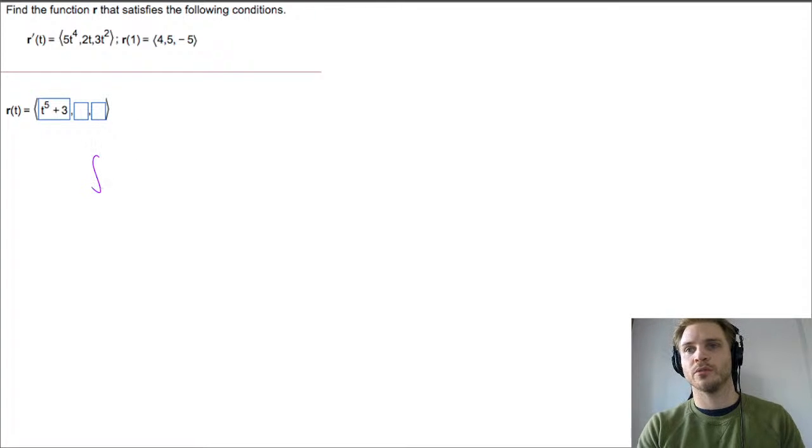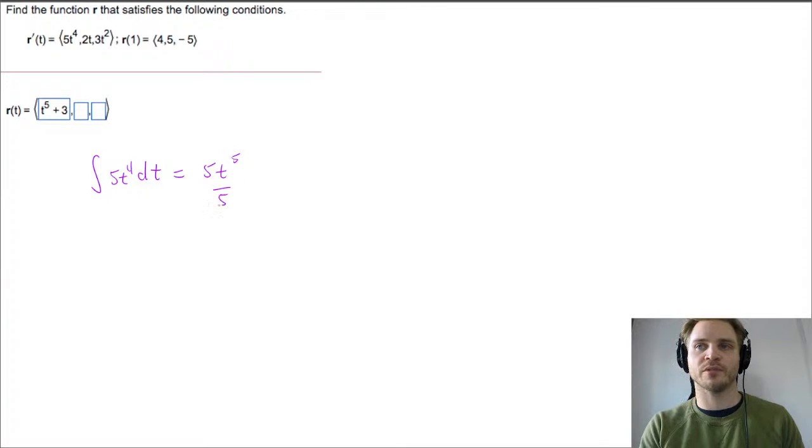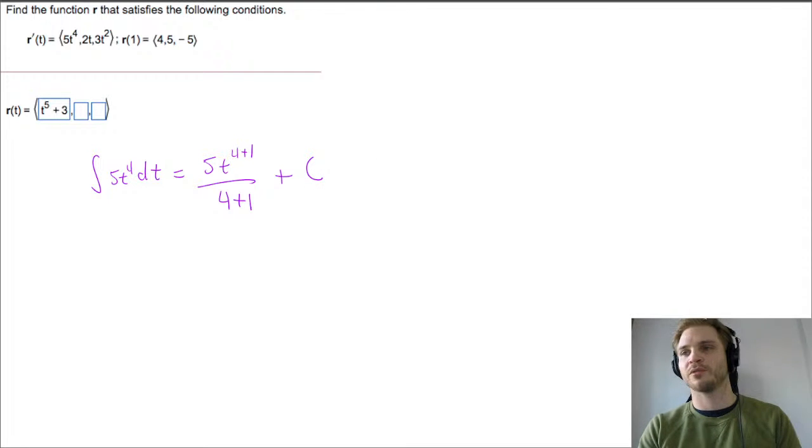So we're going to do the integral of 5t to the 4th dt, which is equal to 5t to the 4 plus 1 over 4 plus 1, plus c, which everyone forgets.